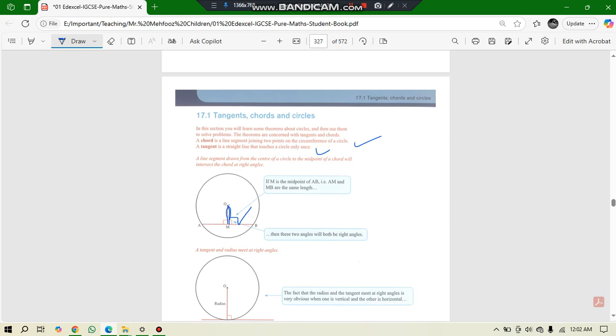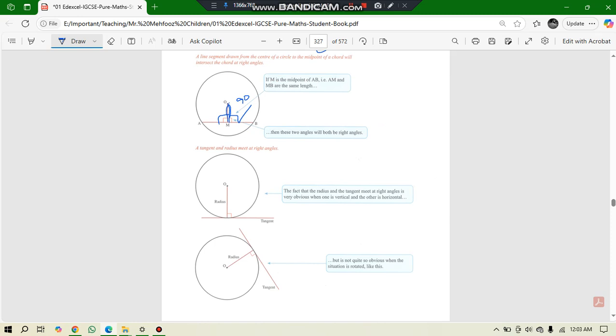Then these two angles will both be right angles. This is 90 and the other one is also 90, because the angles on a straight line add up to 180. Also, the next one: a tangent and radius meet at a right angle. This is another theorem. A radius and tangent meet at an angle of 90 degrees.